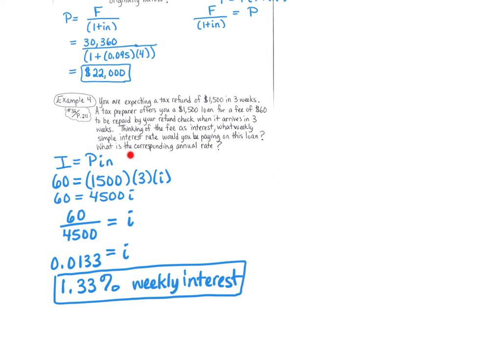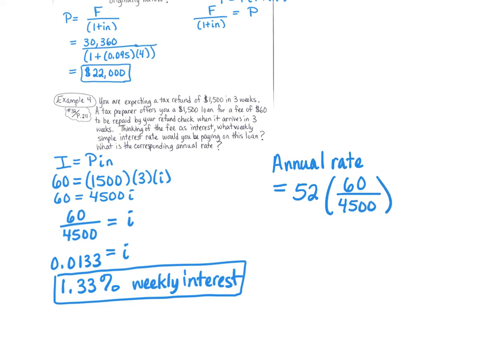And then it says, what is the corresponding annual rate? So the annual rate, remember, is a year, right? So if we're finding our annual rate, remember, there are 52 weeks in a year. So that's 52 times 60 over 4,500.